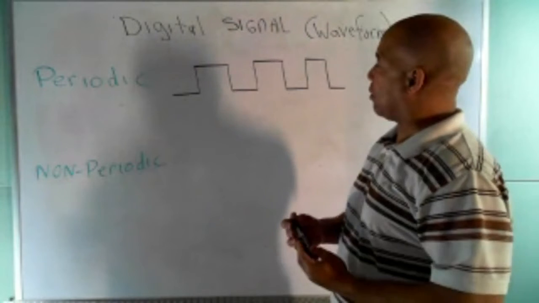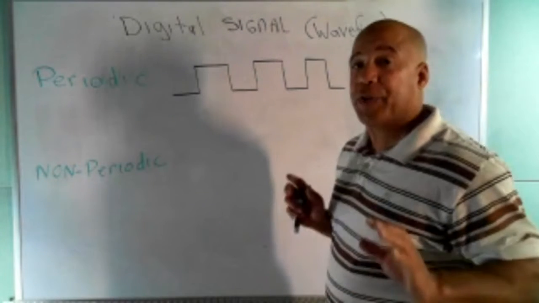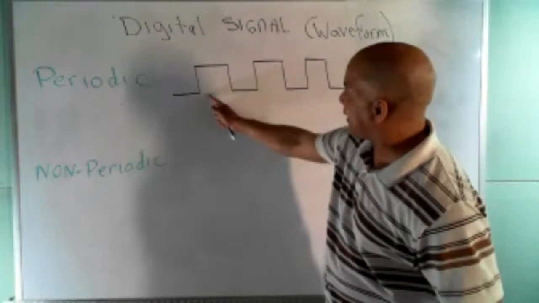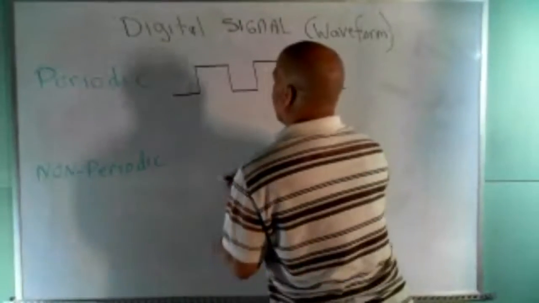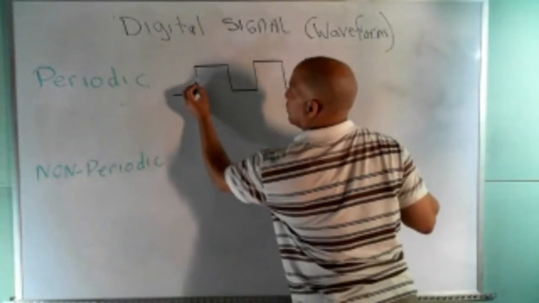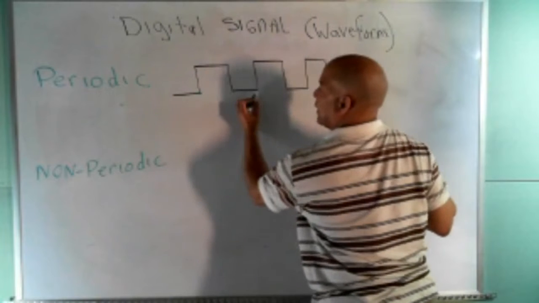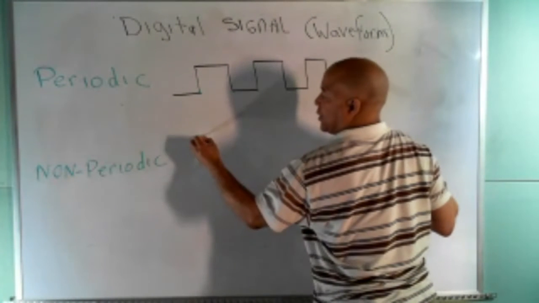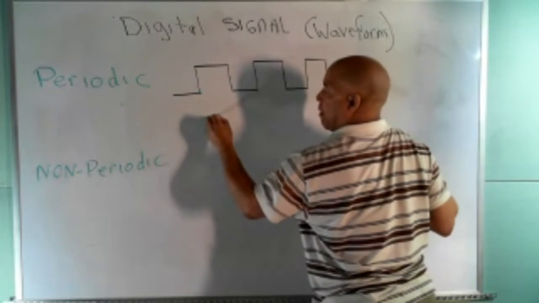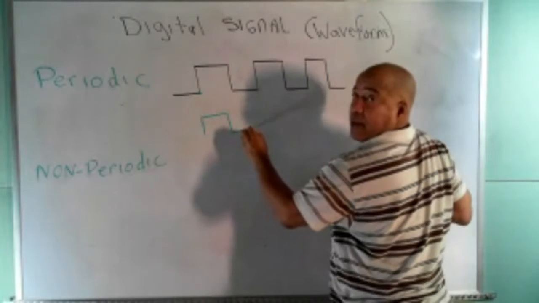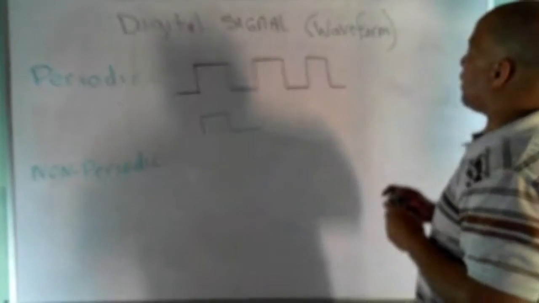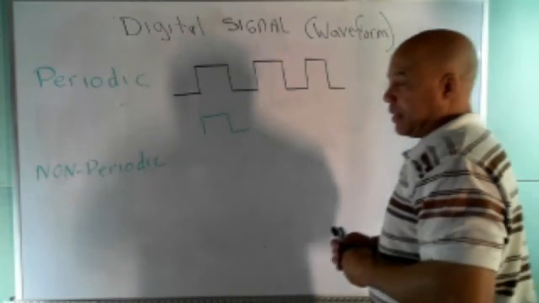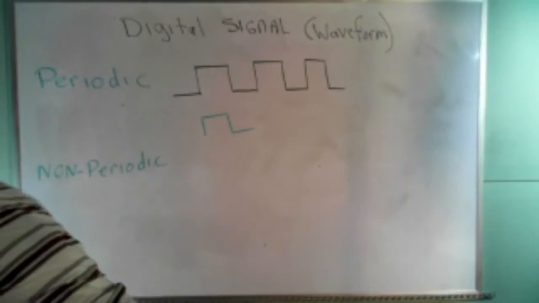It repeats at regular intervals. Make sure you understand what's repeating. It's not this part right here that's repeating. The repetition happens right here. It starts here, goes up, over, down, and then it repeats right here. So this is what's repeating. That's one, and then it does that again and then again. So that is a periodic waveform. The other waveform is a non-periodic waveform.